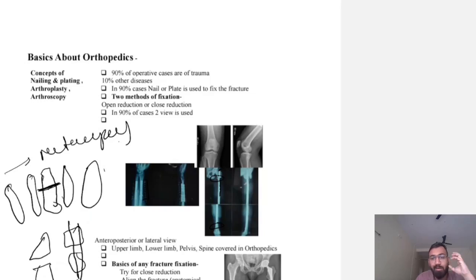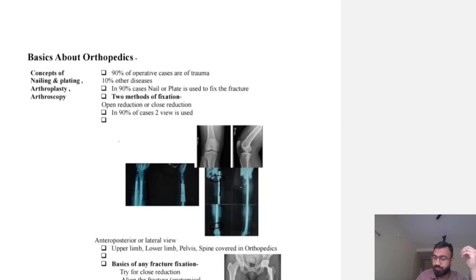You need not put such a big nail, you need not fix it by nailing. So that's why I have said that in 90% of cases you have to fix by nailing or plating. In 10% of cases it could be hemiarthroplasty, it could be a K wire, or there are new implants available, like there are many new implants available.